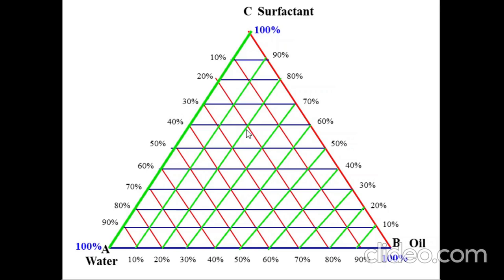So it is 20% of oil. This is how each point within the phase diagram is read and understood. So if you plot this in a two-dimensional graph, there will again be divisions so that it will be easy for you to mark the percentage of each of the three component system.